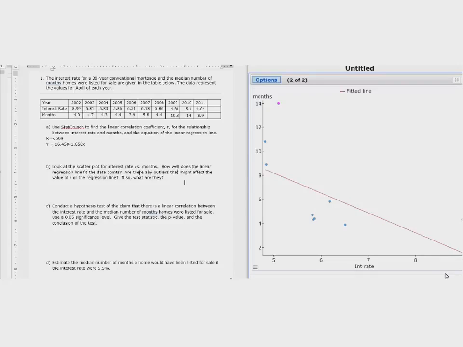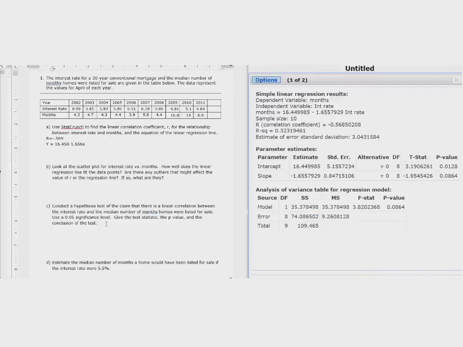Now the other thing that we can do, going on to this third part C down here, is if we're trying to do a hypothesis test. So if we're trying to confirm that there really is a linear relationship between the variables, then what we would look at is the test statistic and the p-value. So then we're going back to this row of our table over here that has slope. So our test statistic is under where it says t-stat.